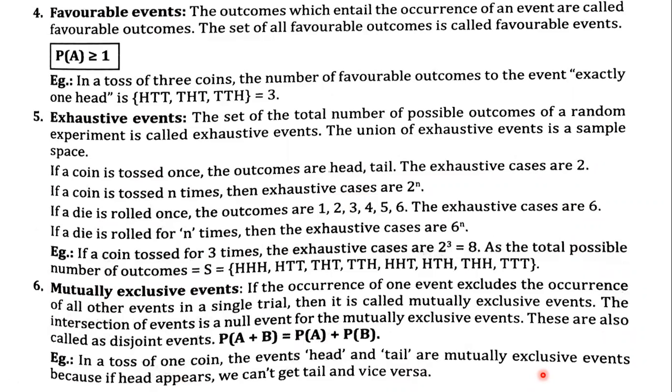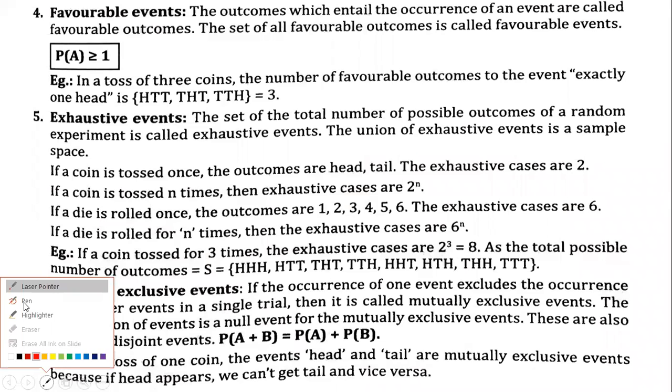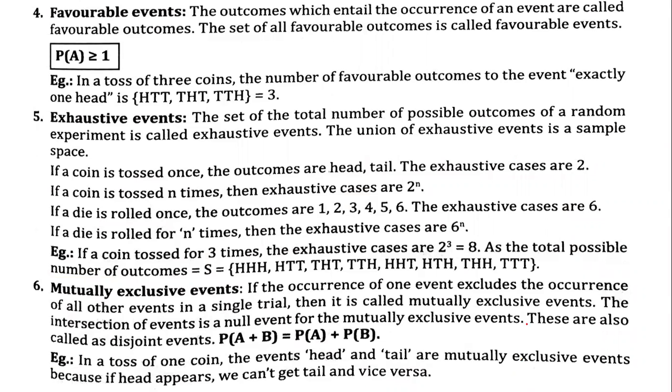Now let's say we are going for shopping and we will see two white shirts. Out of the two white shirts, let's say one shirt is A and the other shirt is B. You want only one white shirt.